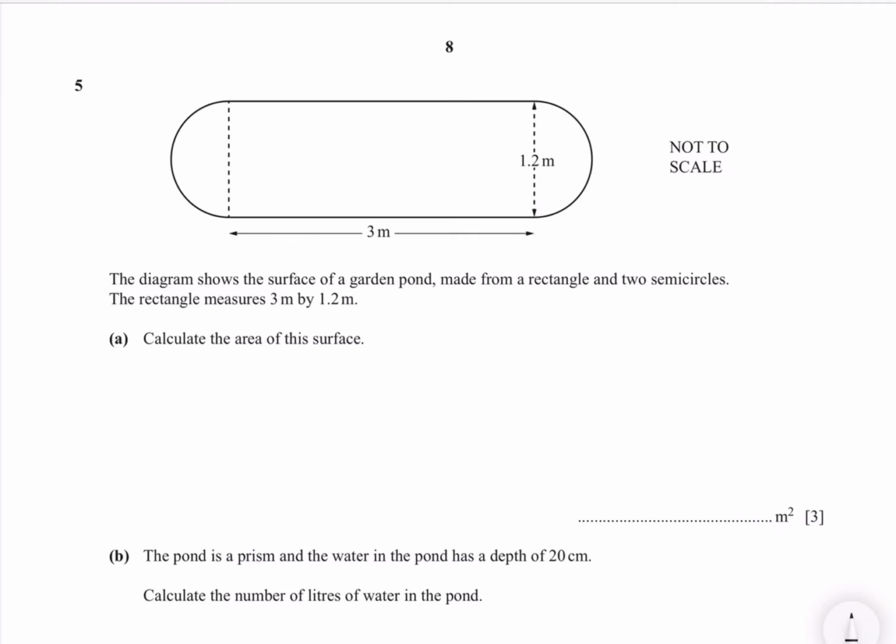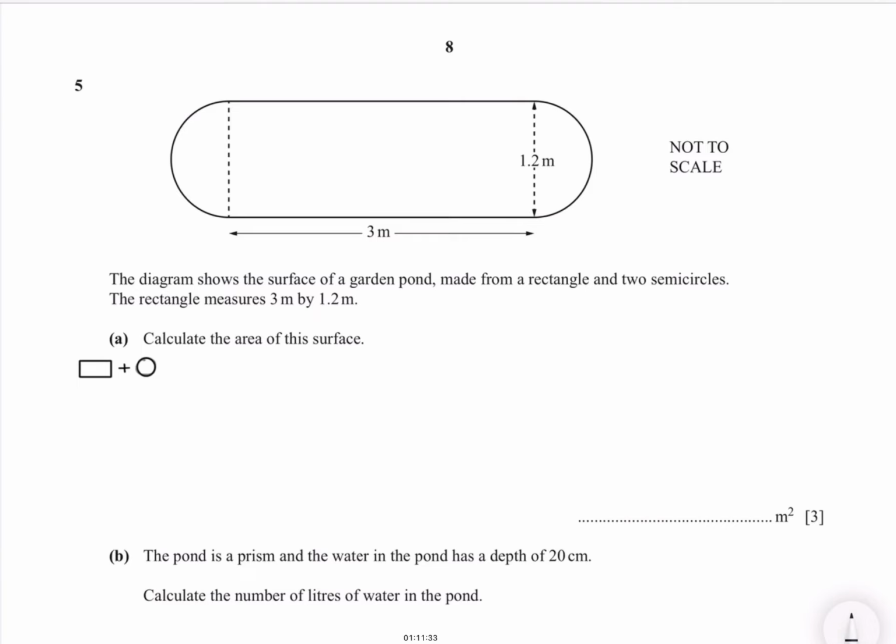Question number 5. The diagram shows the surface of a garden pond made from a rectangle and two semicircles. The rectangle measures 3 meters by 1.2 meters. Calculate the area of this surface. So there is one rectangle and two semicircles, which means one circle. So you find their areas and add them.